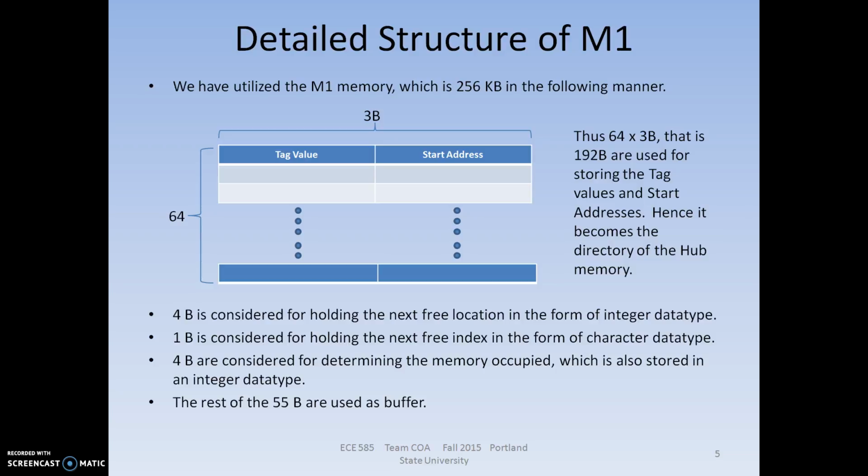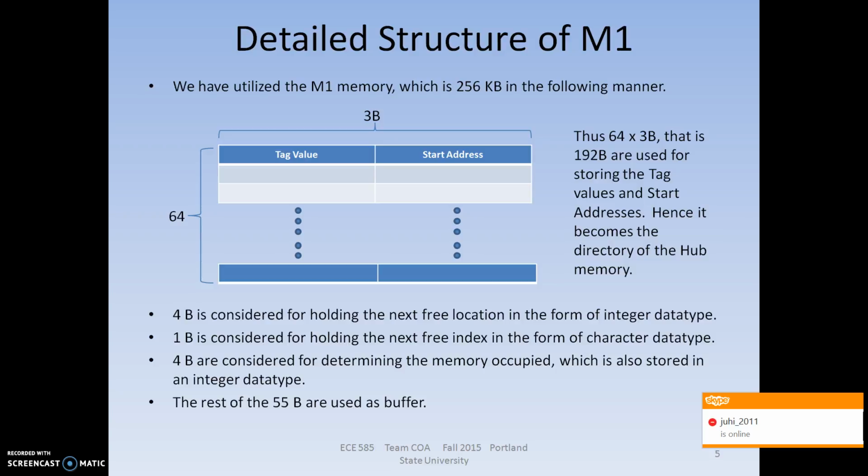Now this is the detailed structure of M1, where we have utilized the 256 KB in the following manner. The tag value and start address both combined have 3 bytes, and we have 64 columns. So we have 192 bytes.